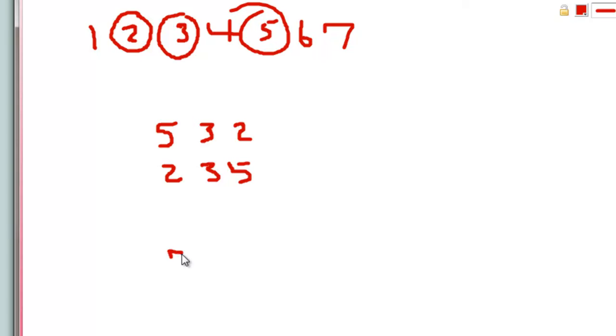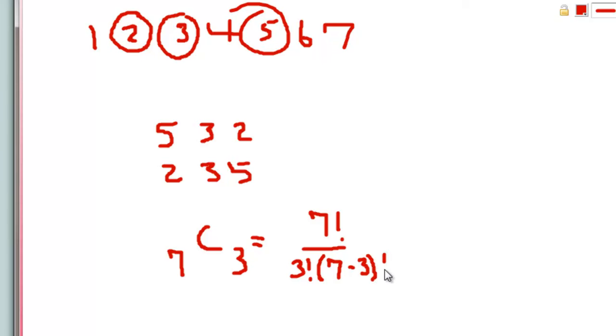So it's going to be 7 combination 3, or sometimes I like to say 7 choose 3. So what does this look like? Well, that looks like 7 factorial over 3 factorial times 7 minus 3 factorial.